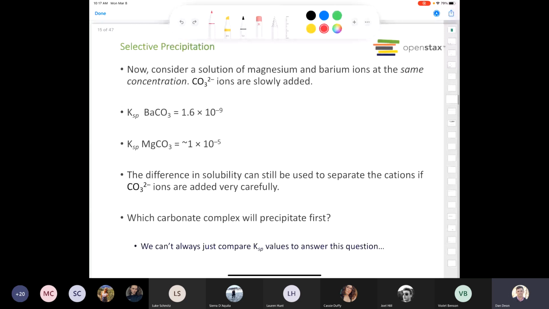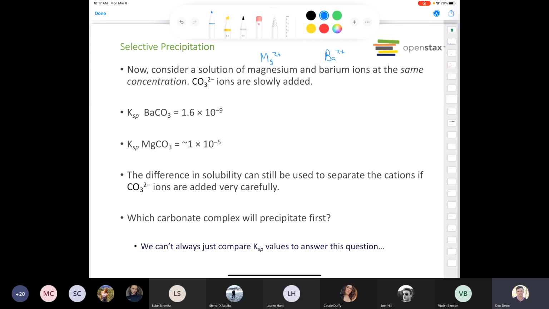Anyhow, so selective precipitation. So here's a perfectly good example. Say you've got lots of magnesium ions that are on sale, and you get some barium ions, okay? So magnesium and barium are both in group 2A. They both have a charge of 2 plus. So it's easy to compare them, and you look at their KSPs since the charges of the cations are both the same.